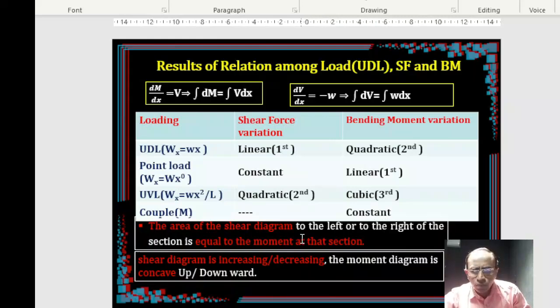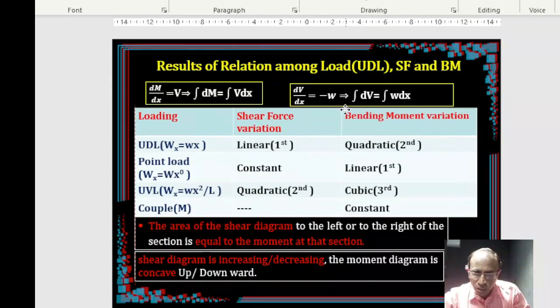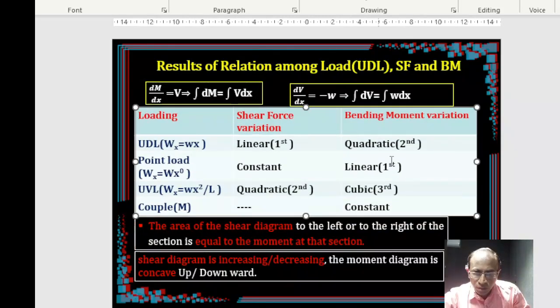And then some other conclusions that we can keep notice of during the topic of shear force bending moment relationship is the area, as I already discussed this, right? The area of the shear diagram, either to left or right of the section, is equal to the bending moment at that particular section.